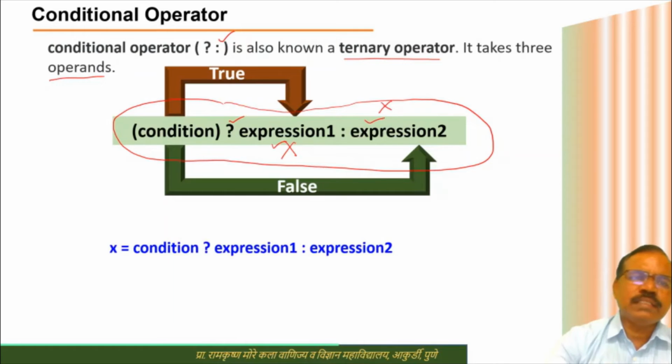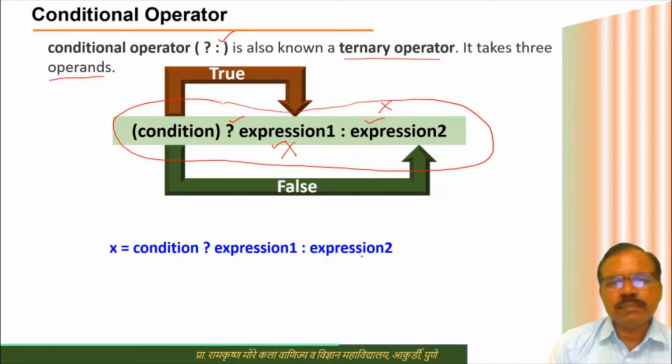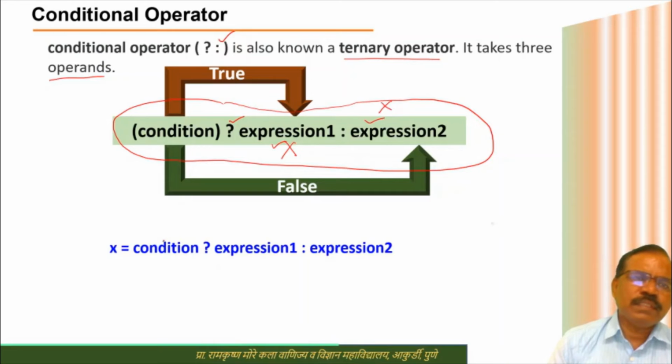Now we will see a simple example. Suppose we have a variable x and x is equal to an expression written using the conditional operator. Now what happens in this case? If the condition is true, expression 1 is evaluated and expression 2 is ignored. So whatever the result of expression 1, that is assigned to x.